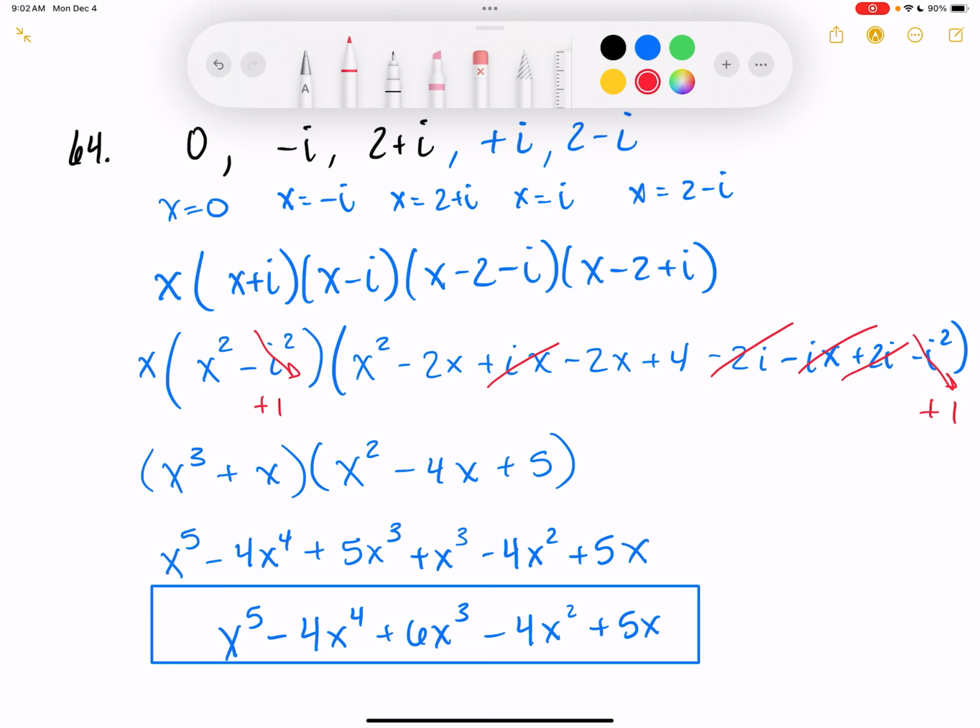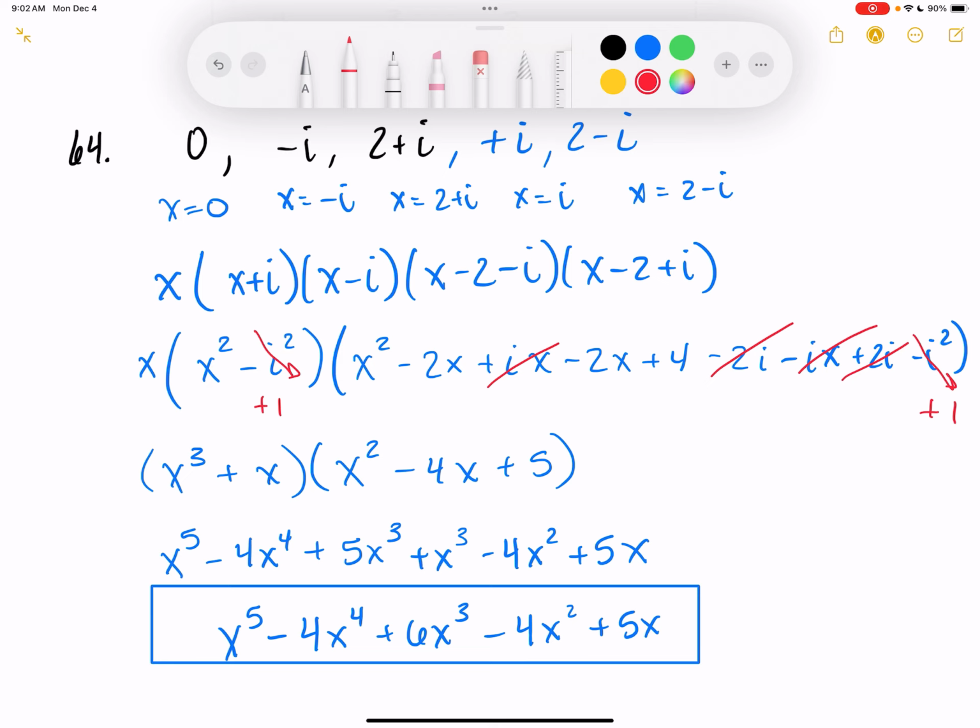Did you multiply by x all the way across? All right, so I held the x out front in the first step of multiplying, and then I put it in after that. So this x plus i and x minus i is actually a difference of squares, but if you didn't recognize that, all that would have happened was you would have had plus ix minus ix in the middle, which would have canceled.